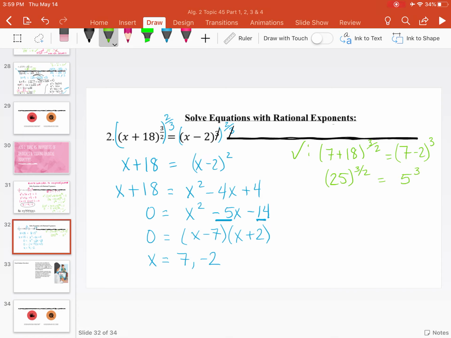Now 25 to the 3 halves, that is the same thing as the square root of 25 cubed. And the square root of 25 is 5. So 5 cubed equals 5 cubed, or in this case, 125. That one works. Let's try the other solution.